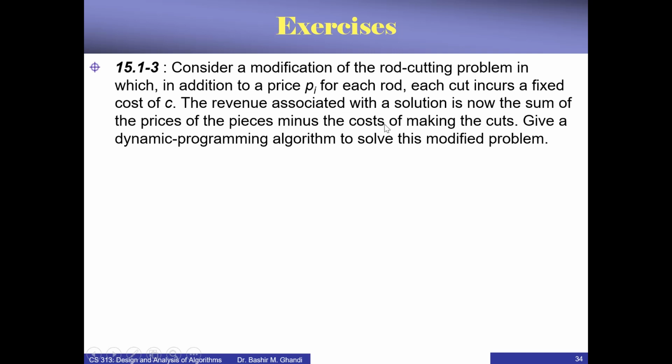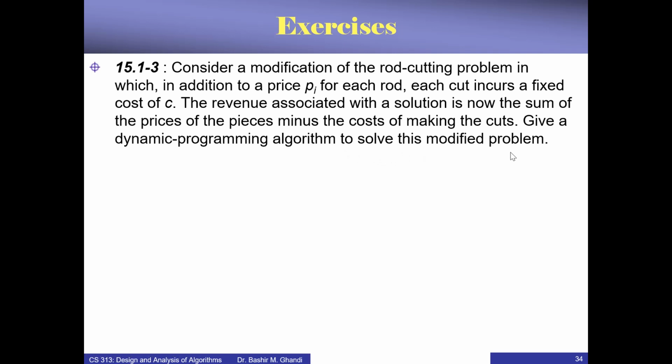The revenue associated with a solution is now the sum of the prices of the pieces minus the cost of making the cuts. Give a dynamic programming algorithm to solve this modified problem.